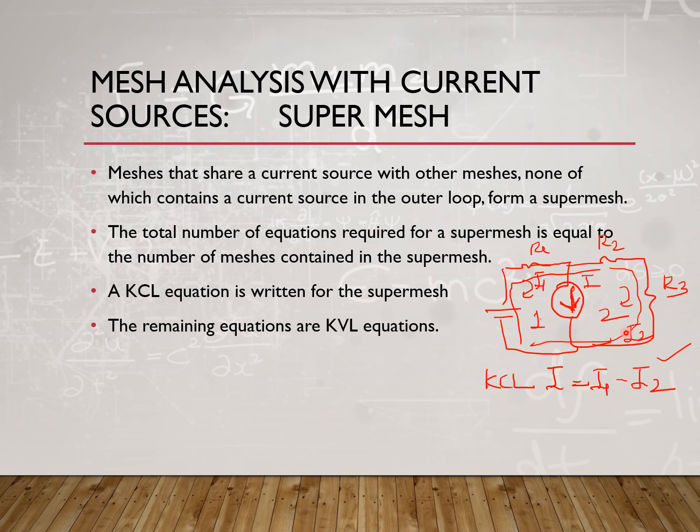So here two meshes are there and they have a common current source. Write the equation of this common current source in terms of the mesh currents. Then write KVL by ignoring this current source, which has already been considered. Now remove this, then write KVL for the remaining mesh 1 and mesh 2 without the current source. So these are the steps which we follow.